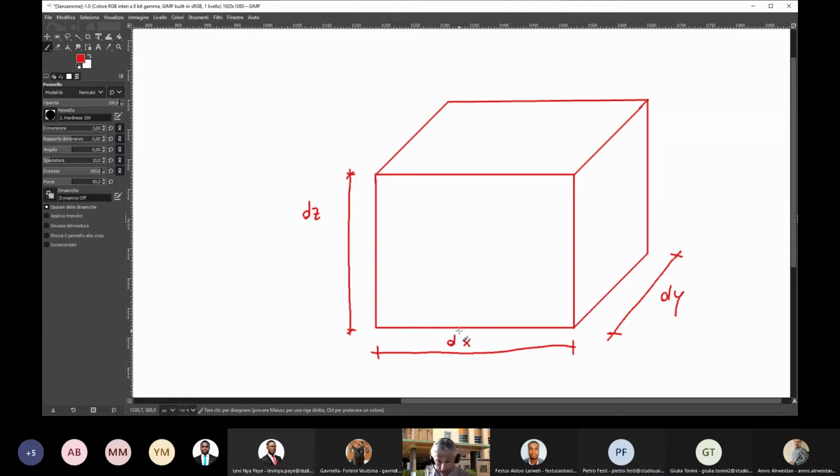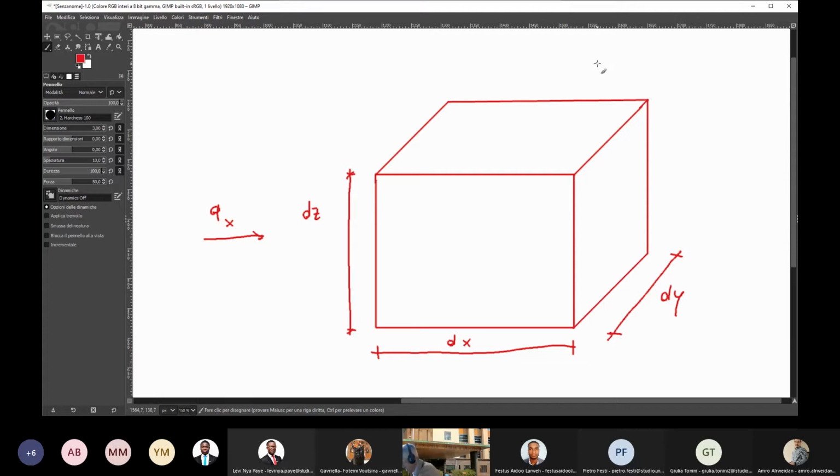So let's suppose that we have water flow passing through this volume, and let's suppose that the water flow has 3 dimensions. So water is flowing in the x direction, and we call the flow per unit area with the symbol lowercase qx. This is the flow per unit area in the x direction.